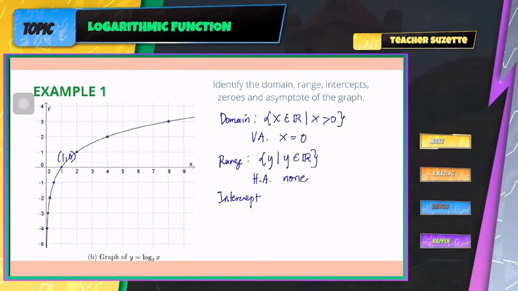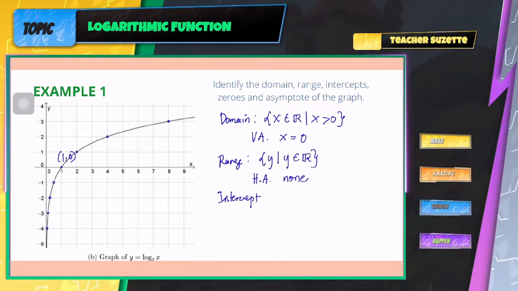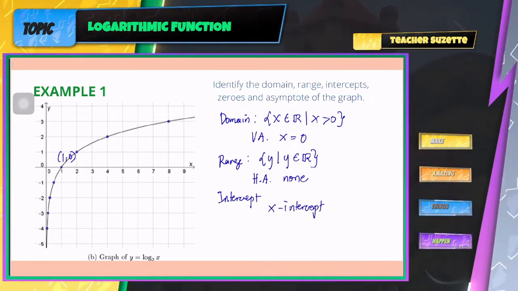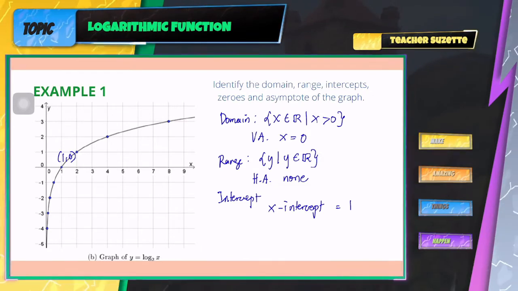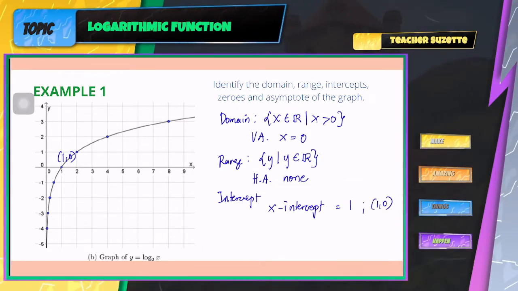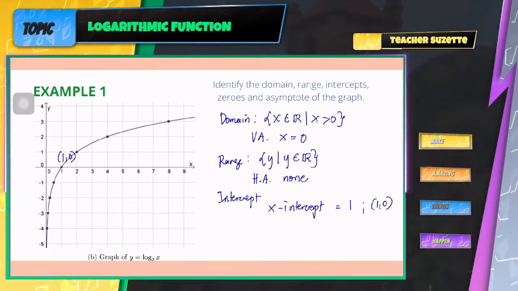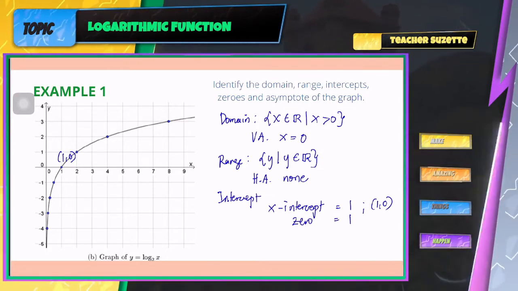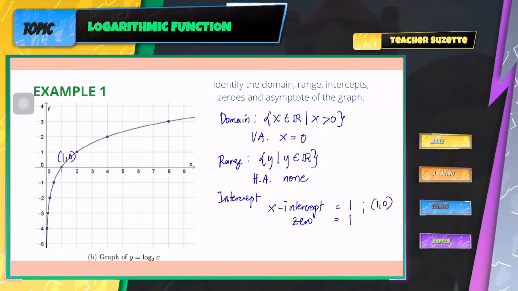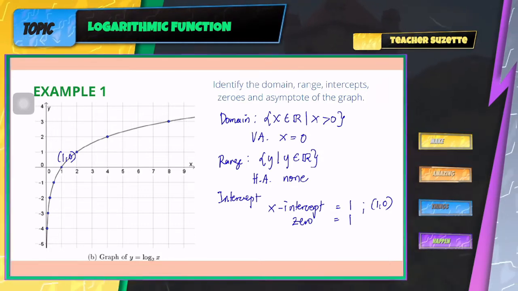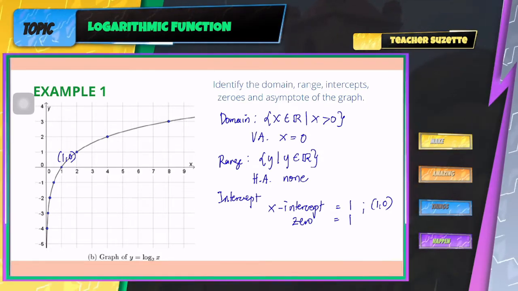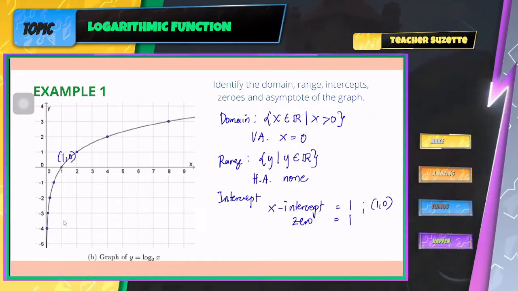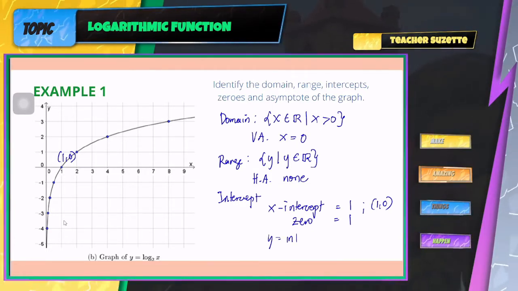Therefore, we can conclude that we have an x-intercept equal to 1, or in point form (1, 0), and it also implies that we have a zero which is equal to 1. And upon checking our table or our graph, we can see that we don't have a y-intercept.